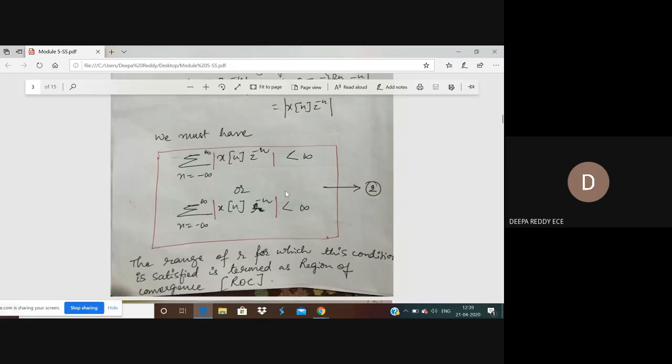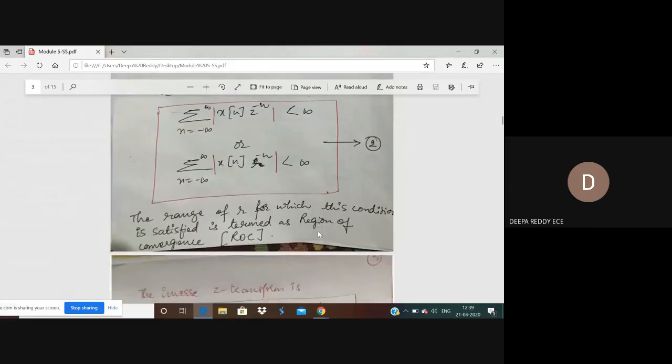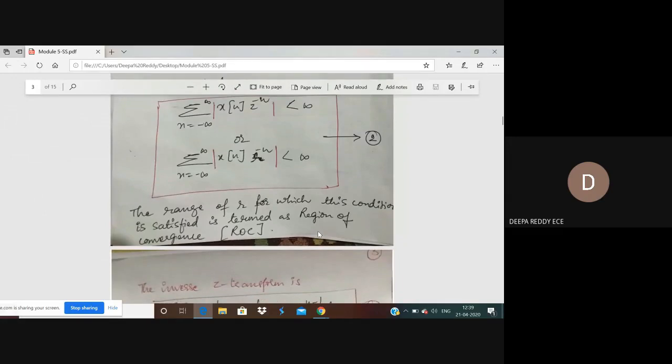Region of convergence is the range of R for which this infinite summation is giving you a finite value, or it is converging. So this is what ROC is defined as. Remember that this Z transform expression should give you a finite value, less than infinity.